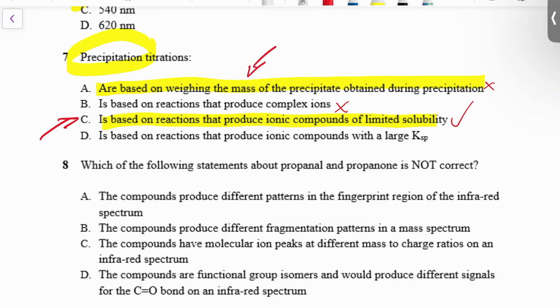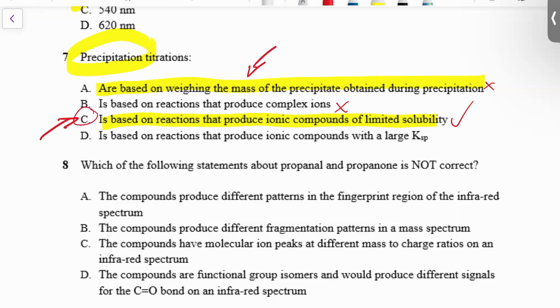That's why A was incorrect. But C just says you're making a mass, which is the whole point of precipitation. Can I get a thumbs up, guys? Does that make sense? It's based on the wording of the question. A cares about how much you're making. C doesn't care. C just says, I'm making something that does precipitate, which is the whole point of a precipitation titration. So your answer is C.